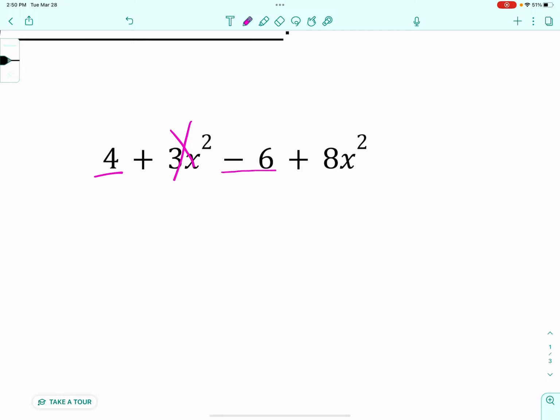If I look at the third term, I have another plain constant, no variables. So it can combine with the 4. If I go look at the last term, this positive 8x squared, it's not a plain constant. It has the x squared in it. So that has nothing in common with the first two, or with the two constants.